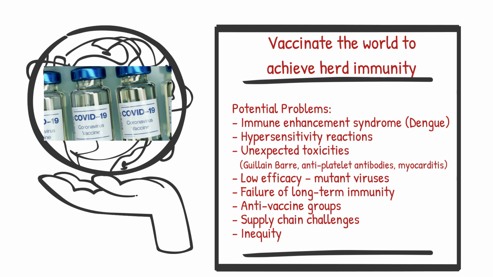One example has been the Guillain-Barré syndrome, a paralytic syndrome that was associated with a past influenza vaccine. Vaccination also has the potential to precipitate other autoimmune diseases, and antibodies against a platelet protein causing low platelets and central nervous system thrombosis has recently been described, as has myocarditis in adolescent males.